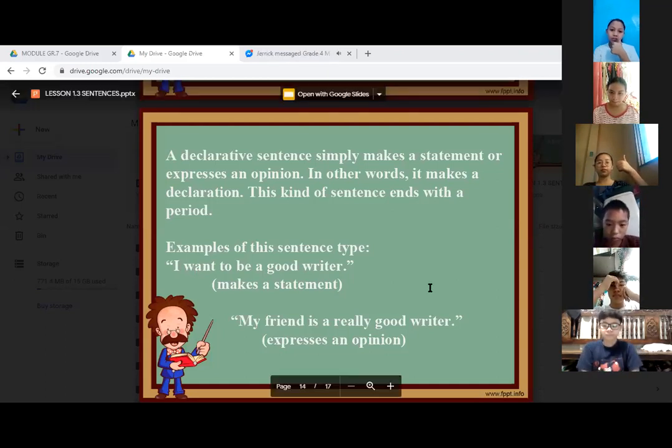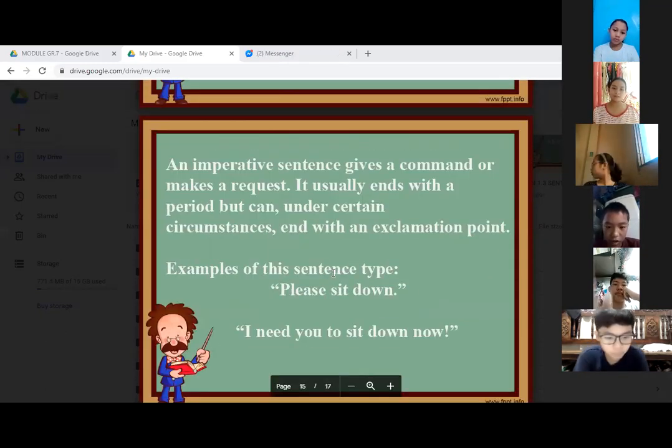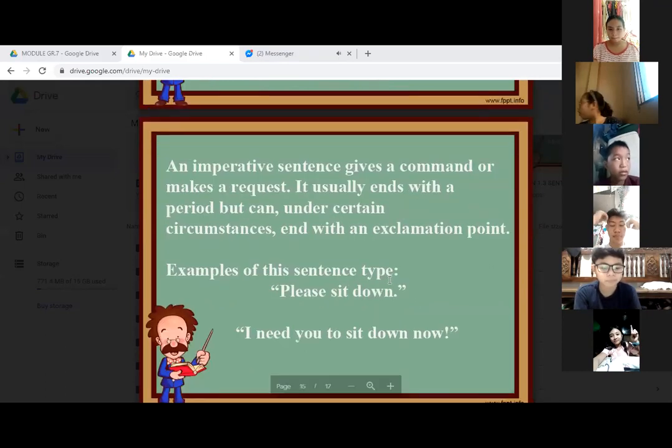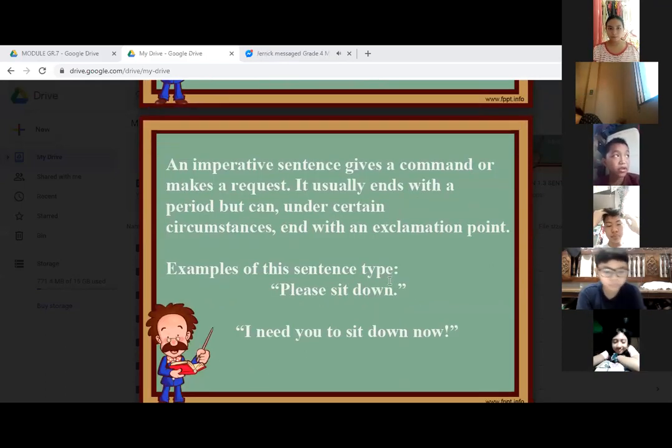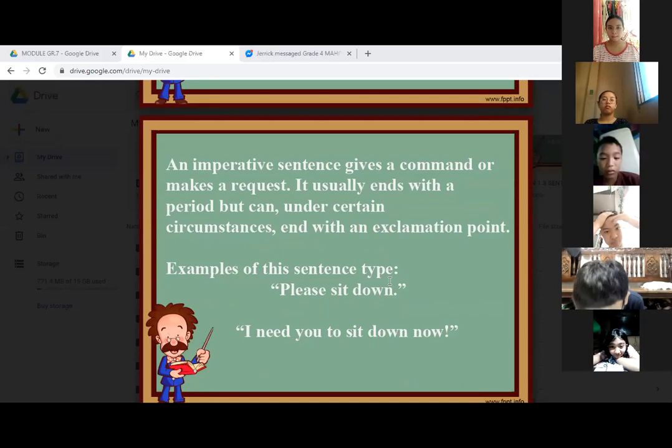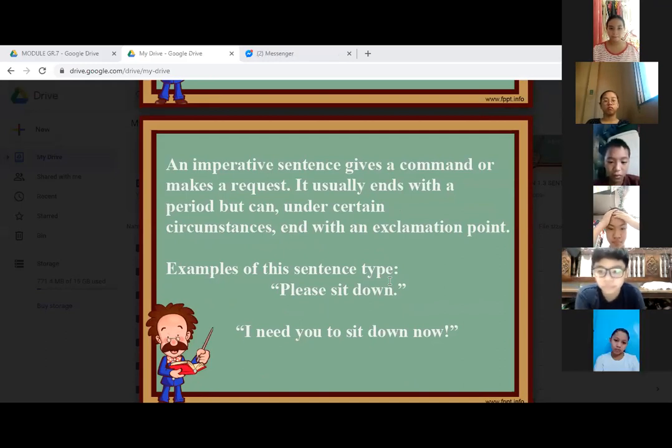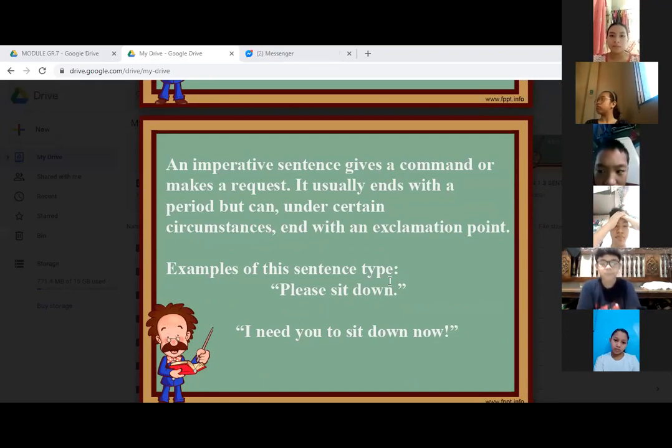Okay, sige. Next one, we have the imperative. So, ma'am, what is the difference between imperative and declarative? Actually, they both end with a period, but sometimes an imperative ends with an exclamation point.